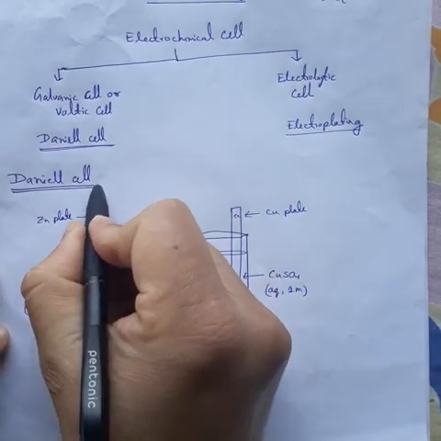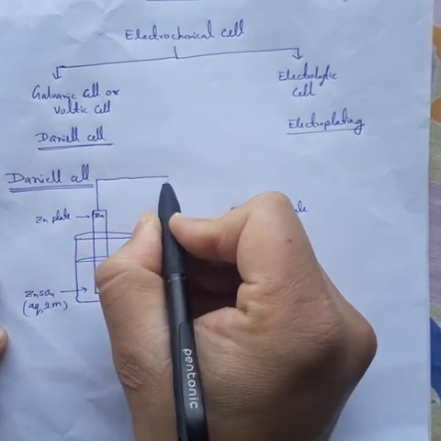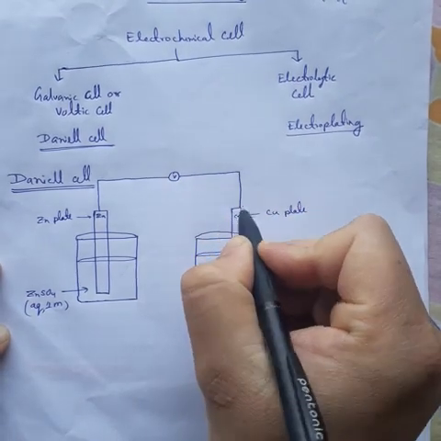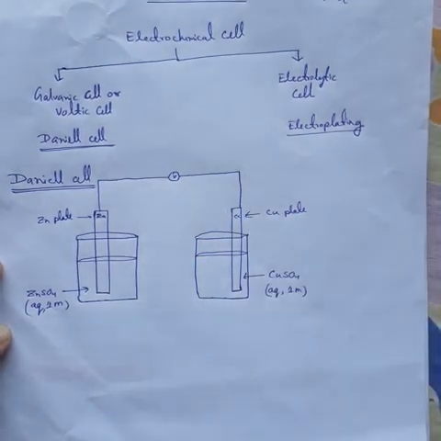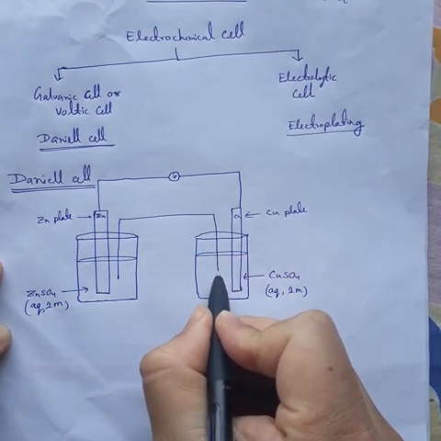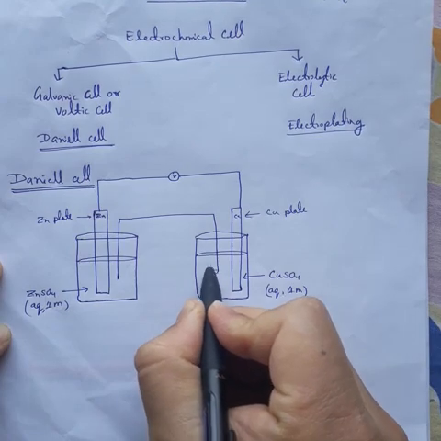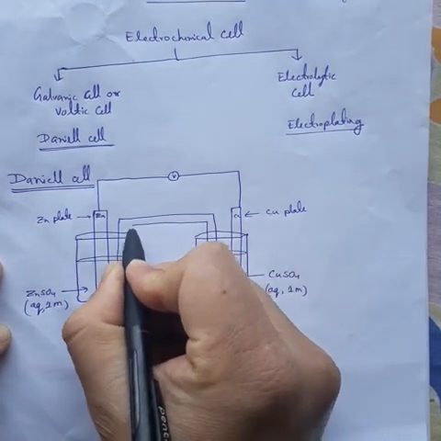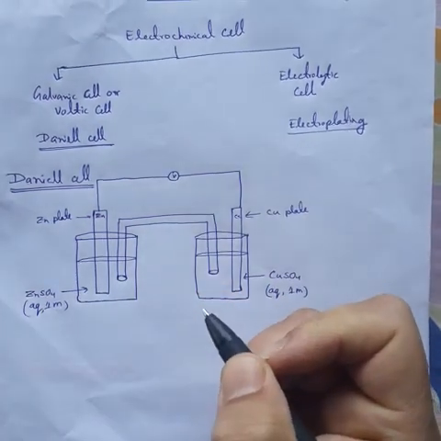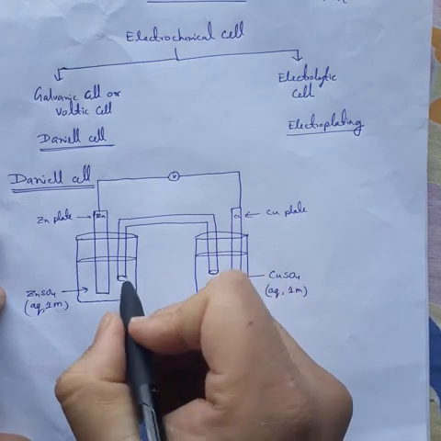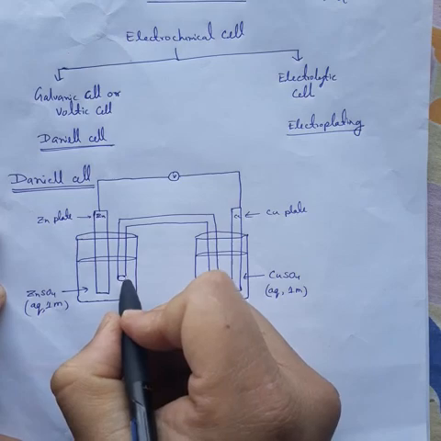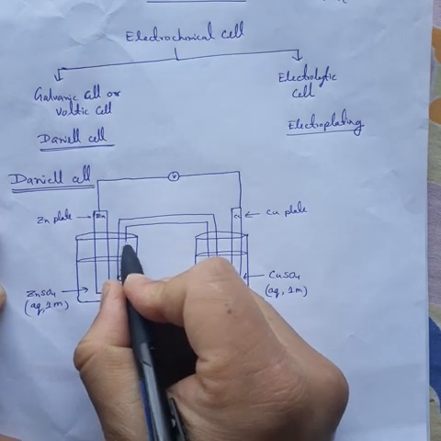Now these are connected through a voltmeter via an external wire. And there is something called a salt bridge. It is basically a U-shaped tube filled with a saturated solution of KCl in agar-agar. KCl or silver nitrate solution, a saturated solution, anything you can use. So this is the salt bridge.